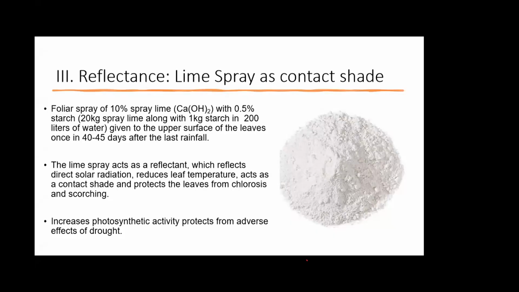It's very important. Whenever you do not have proper shade, you can spray it. It reflects the direct solar radiation and reduces leaf temperatures also. It will also act as a contact shade and protect your coffee leaves from fluorescence and scorching. Further, it will also increase photosynthetic activity by protecting from the adverse effects of drought.